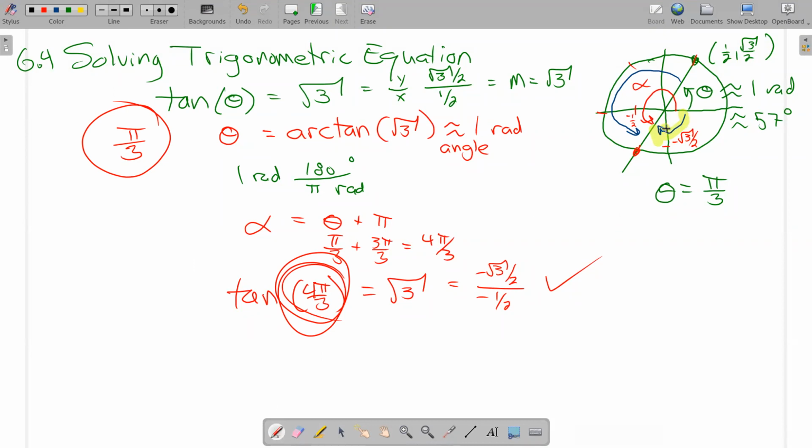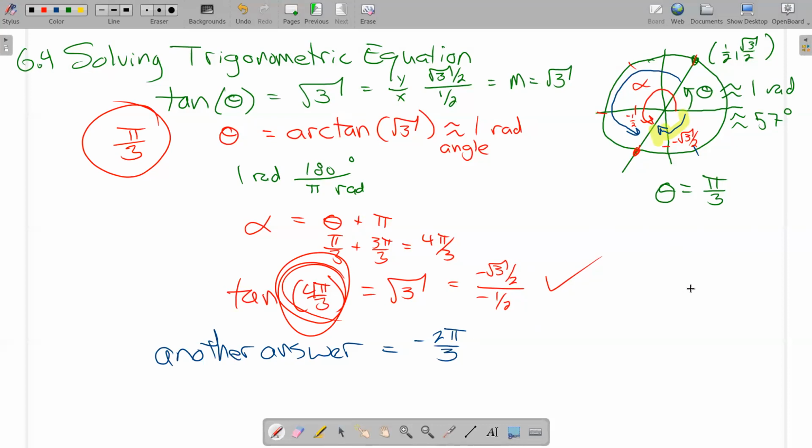So heading that way, this would be pi over 2. And if you think about symmetry here, I would go negative pi over 3 and another negative pi over 3. I claim that another answer would be negative 2 pi over 3.